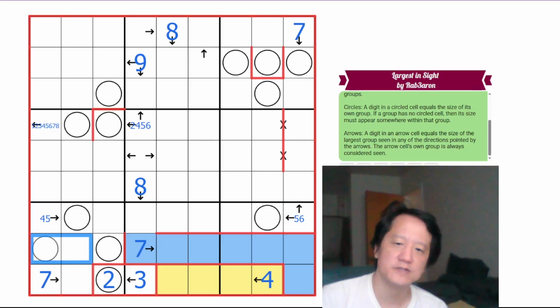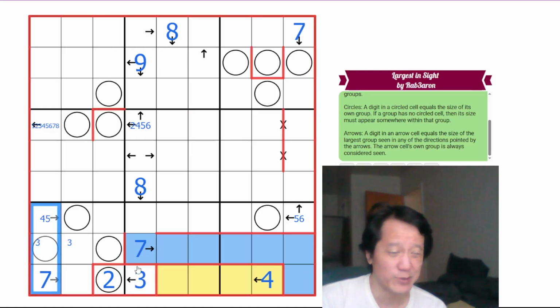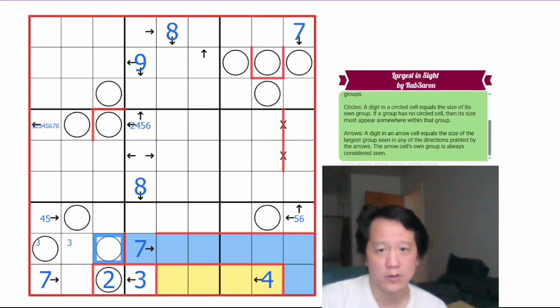So one of these is a 3 guaranteed. We don't know which. And it has to be 1, 2, 3. I guess it could be 1, 2, 3 there. So this is done as a region. This is size 2.